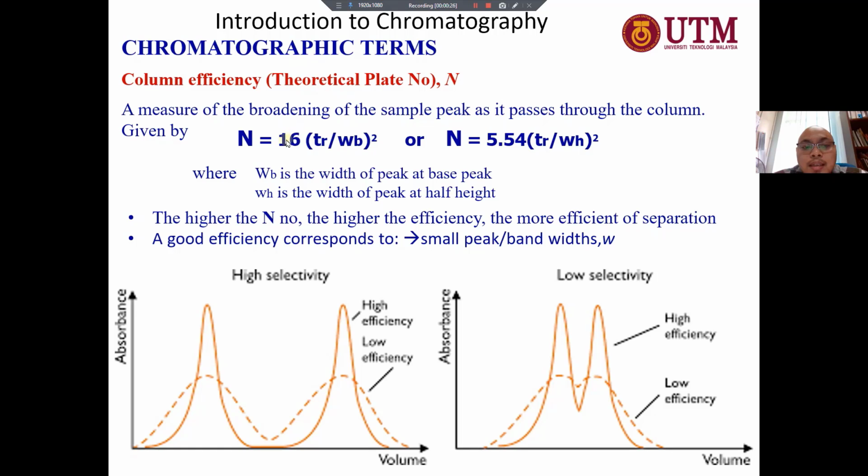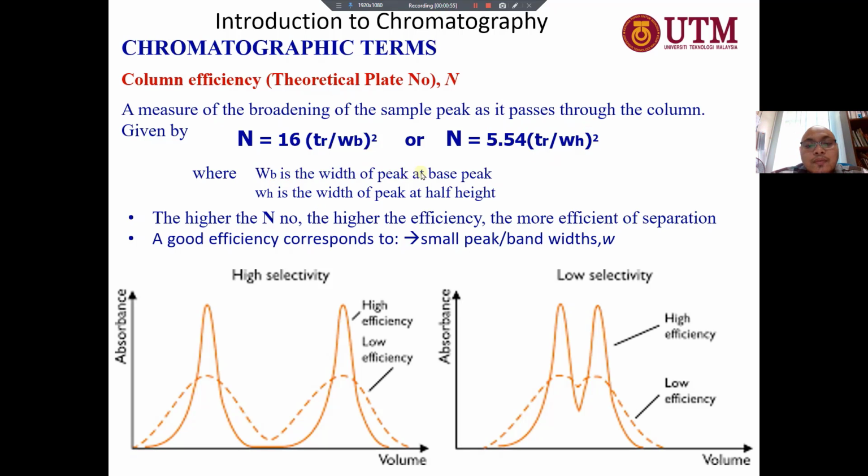The first one is 16 multiplied by the bracket of TR over WB, squared. For the second one, you have 5.54 multiplied by the bracket of TR over the width at half height, squared.